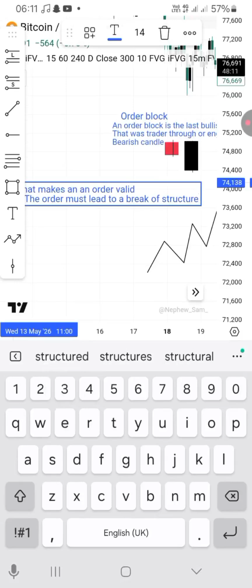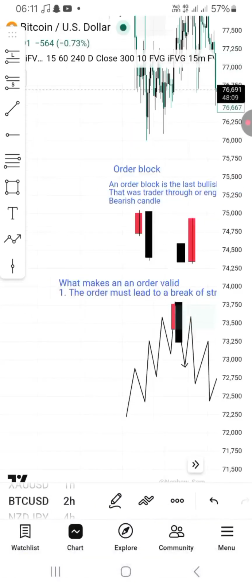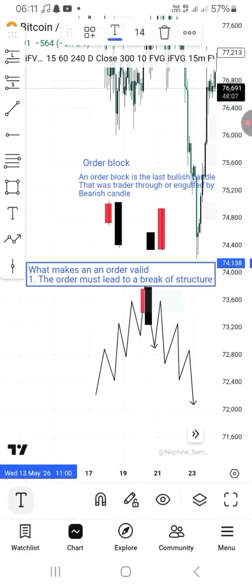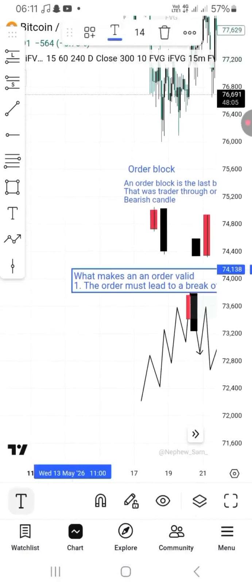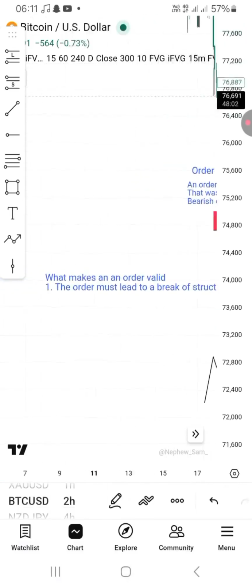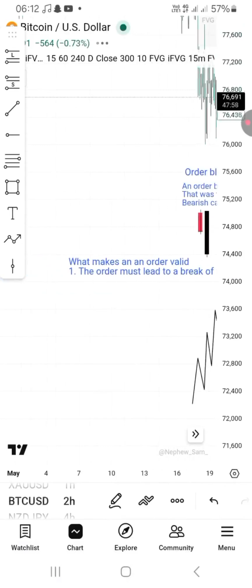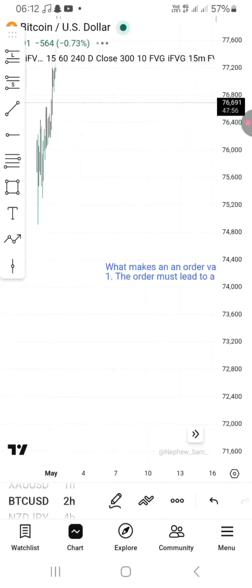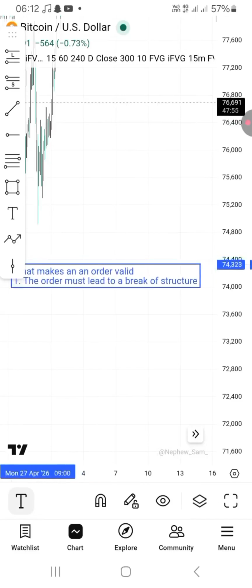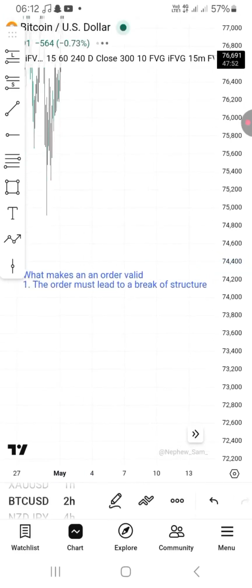I believe you are seeing what I'm doing. Please don't be confused. This is what we are doing now. Let me shift this to this side. So what should make an order block valid? Number one, the order block has to lead to a break of market structure.